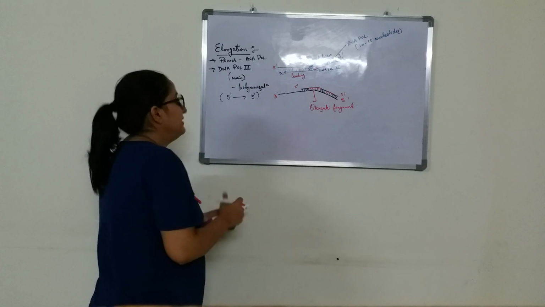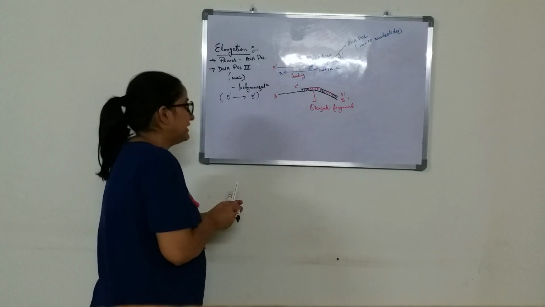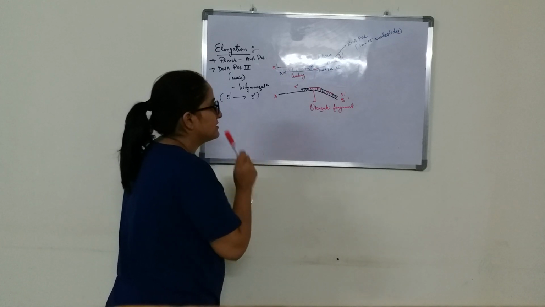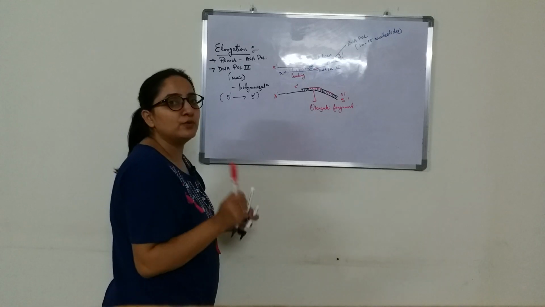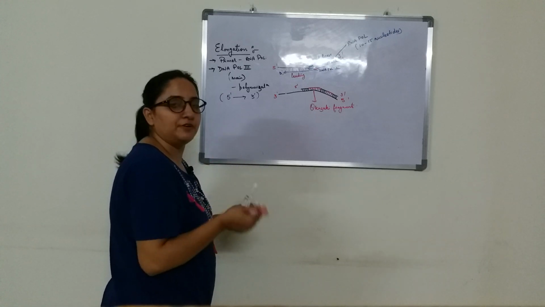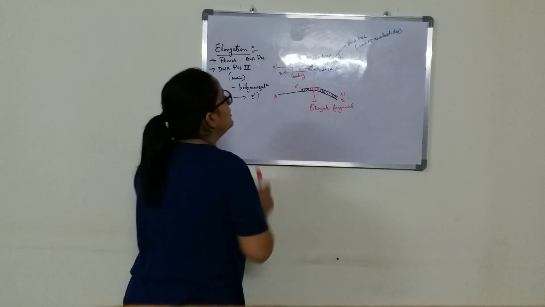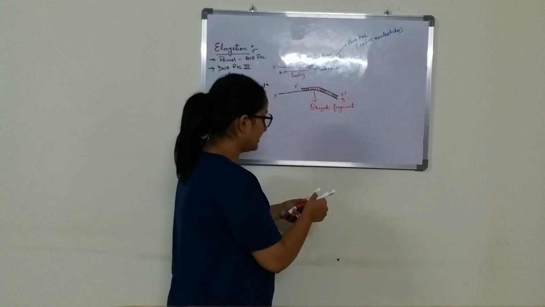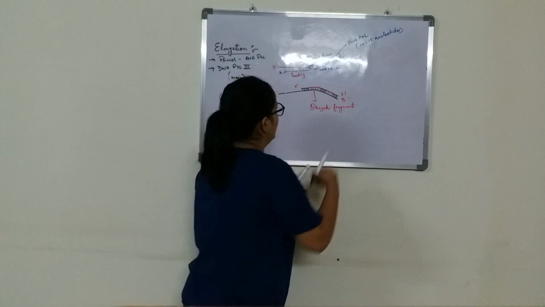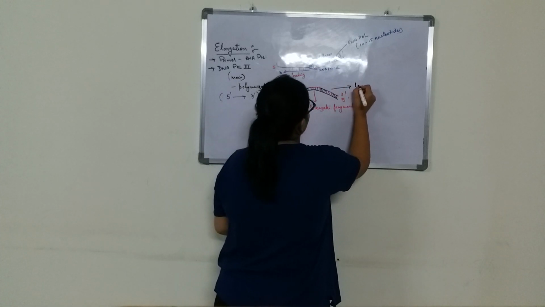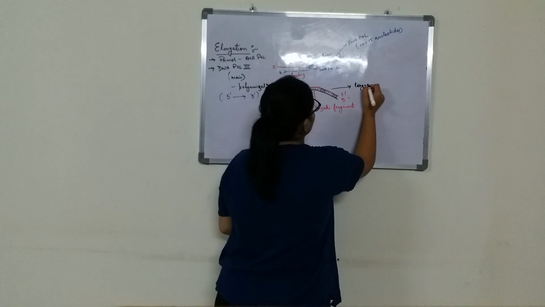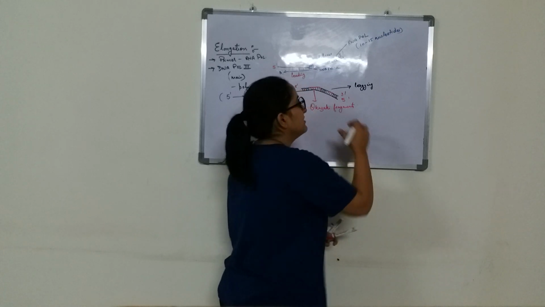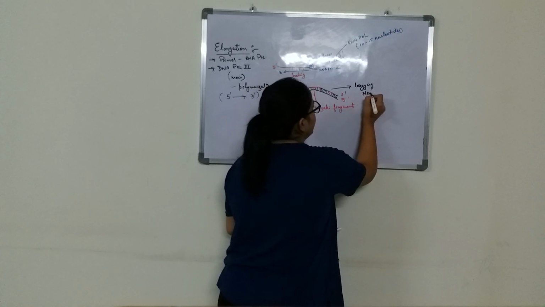All right, and this is the work that DNA polymerase 3 does, that is the polymerization of the DNA strand, due to which the new daughter replicas of DNA are formed in both the parent strands. Since it is adding the nucleotides in fragments, this is known as the lagging strand.